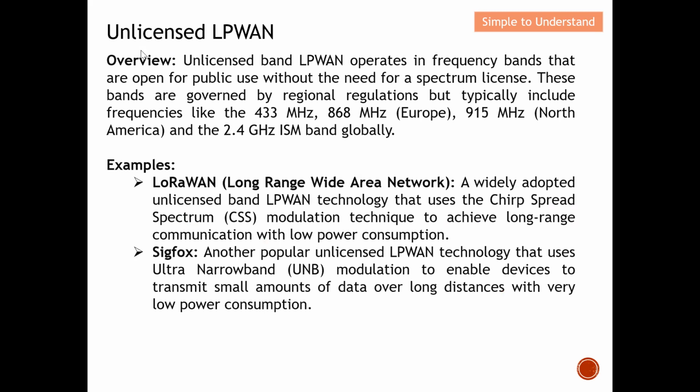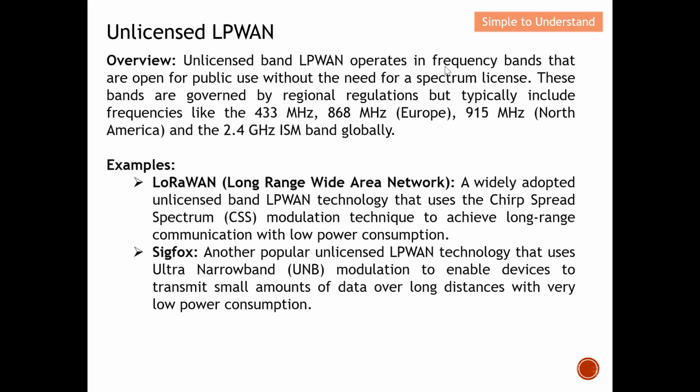Let's quickly focus on the unlicensed LPWAN. Unlicensed band LPWAN operates in frequency bands that are open for public use without the need for a spectrum license. I think we are all very familiar with Bluetooth. Bluetooth in fact is using 2.4 gigahertz, which means that we are always free to use this Bluetooth connectivity.